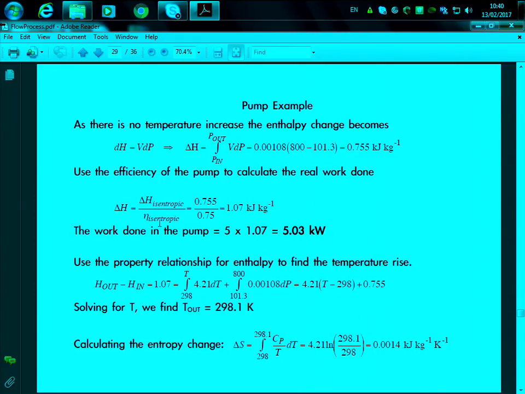So let's try to solve it. Okay, so we have a pump.